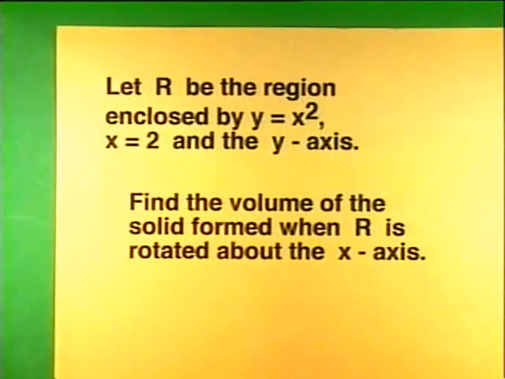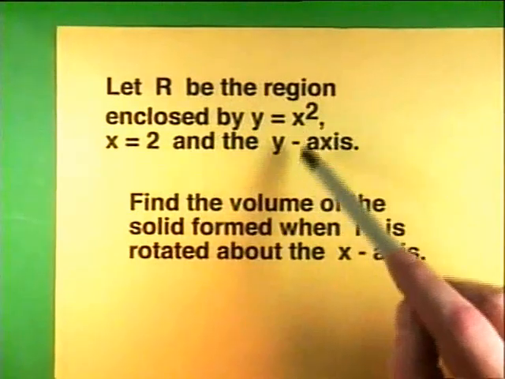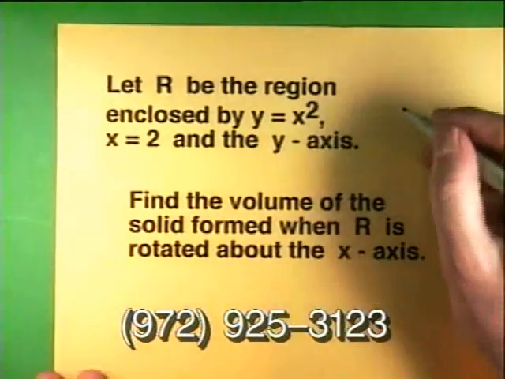Let R be the region enclosed by y equals x squared, x equals 2, and the y-axis. Before we find the volume, if it's rotated, find the area of R. How would you find the area of R? Draw it. Okay, x-axis, y.